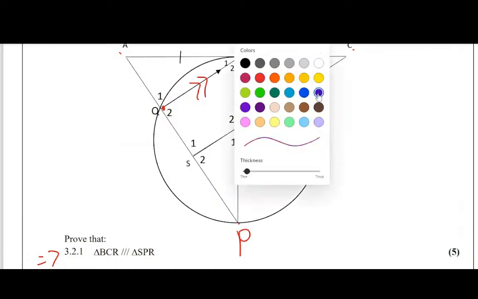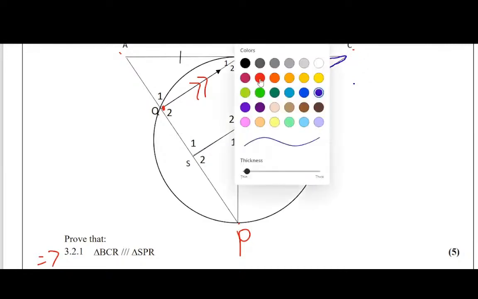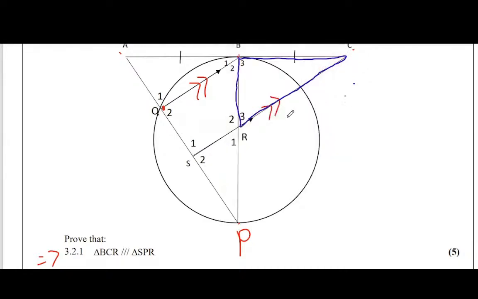Let me just highlight those triangles. They said BCR. This is B, this is C, this is R. So we're focusing on this triangle. And then there's another triangle that we need to focus on. I'll highlight it in red, SPR. Where is S, where is P, where is R?